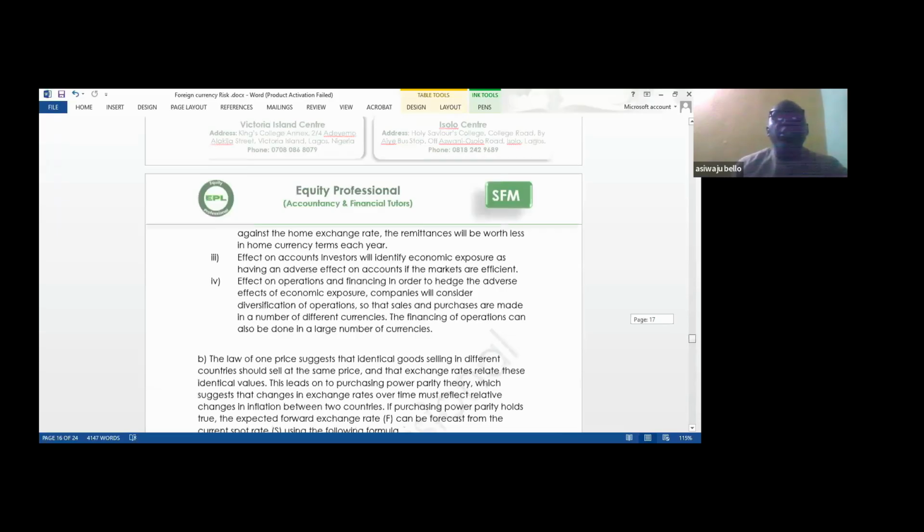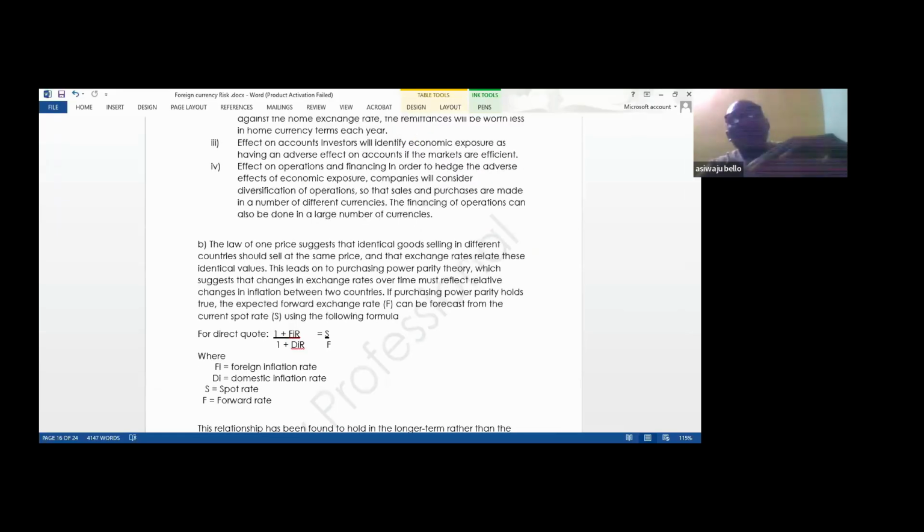Look at the explanation here. The law of one price suggests that identical goods selling in different countries should sell at the same price, and their exchange rates relate to identical values. This leads on to purchasing power parity theory, which suggests that changes in exchange rate over time reflect the relative changes in inflation rates.